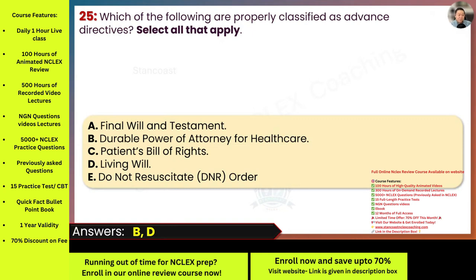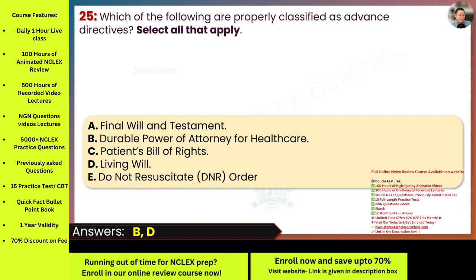Now, letter D is also correct. This is the living will, because the living will outlines specific healthcare choices for situations like a terminal illness or permanent unconsciousness. And it is also a form of advance directive because it helps guide the doctors and family members when making those medical decisions.